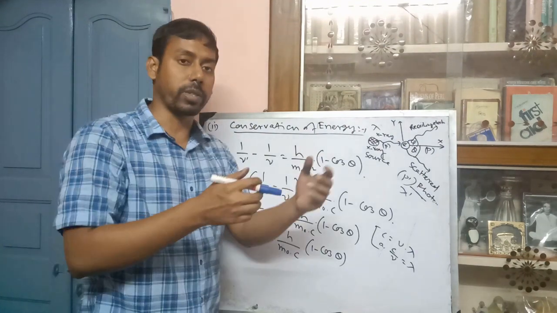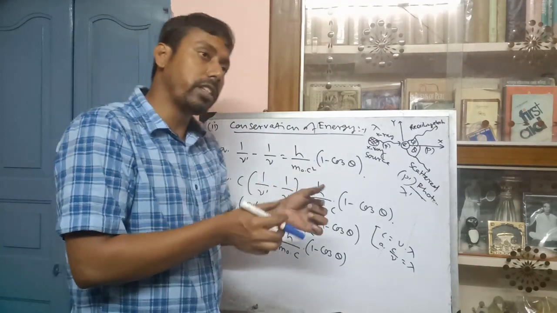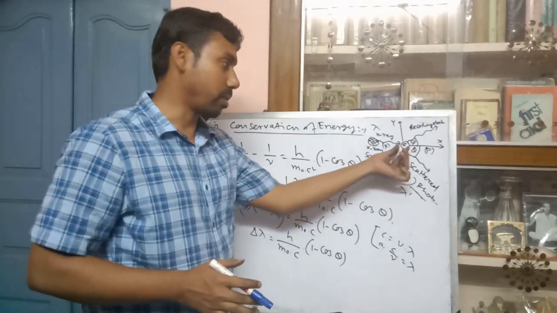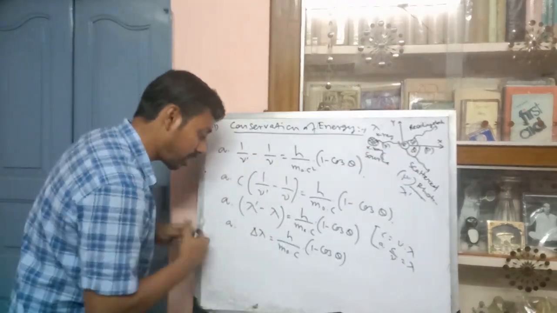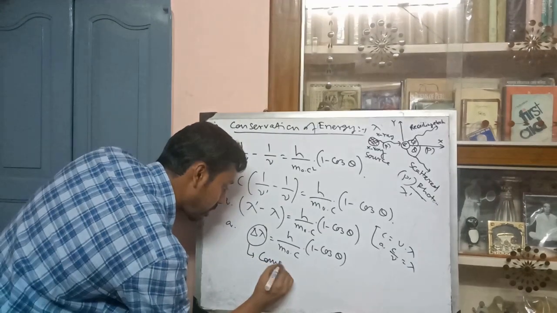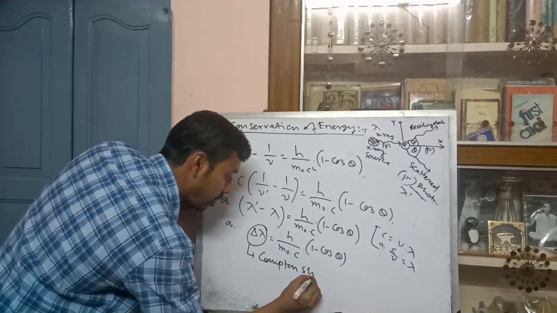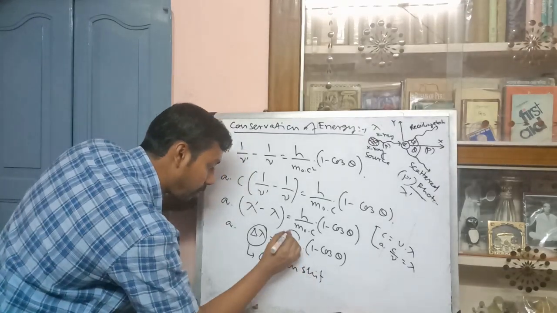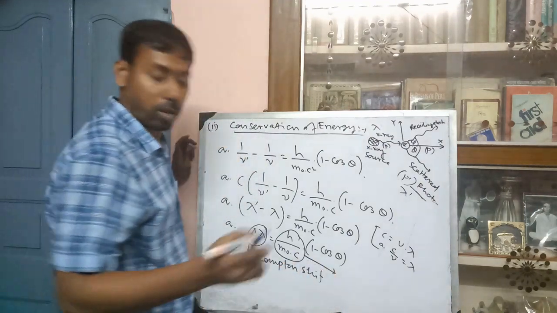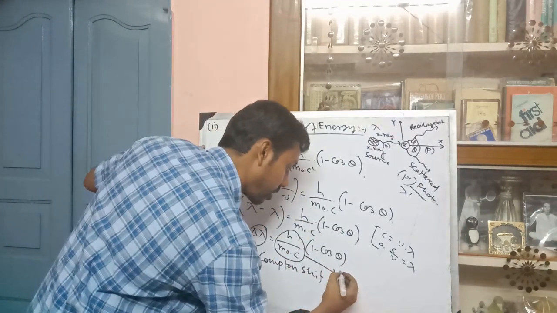That means there is a shift, a change, an increase in the wavelength of the photon after scattering with the electron. So this shift, the delta lambda, is called the Compton shift, and this amount, h by m0 c, is the Compton wavelength or Compton length.